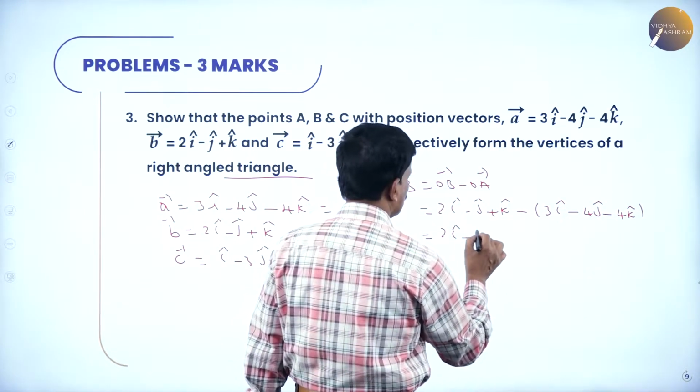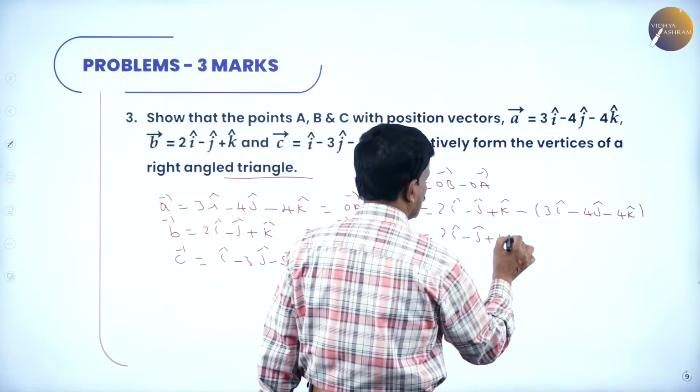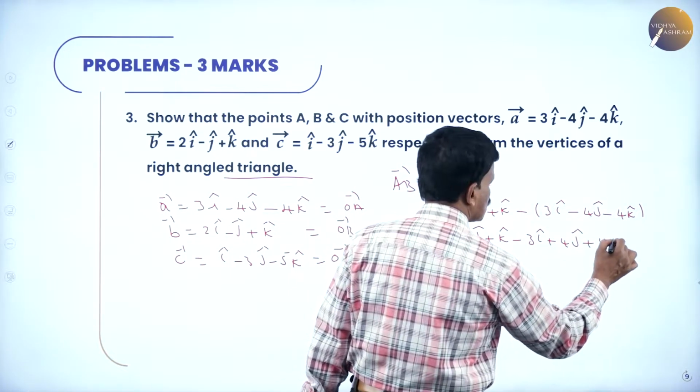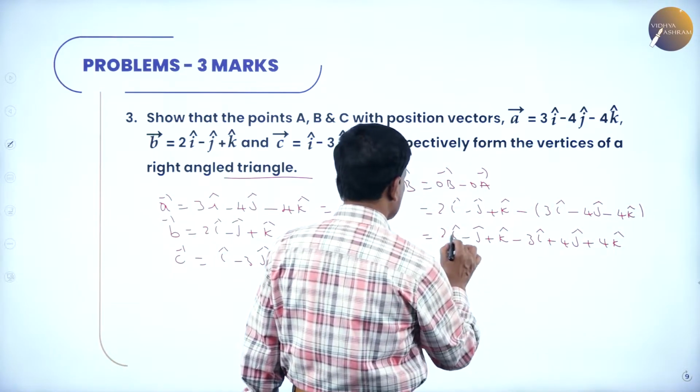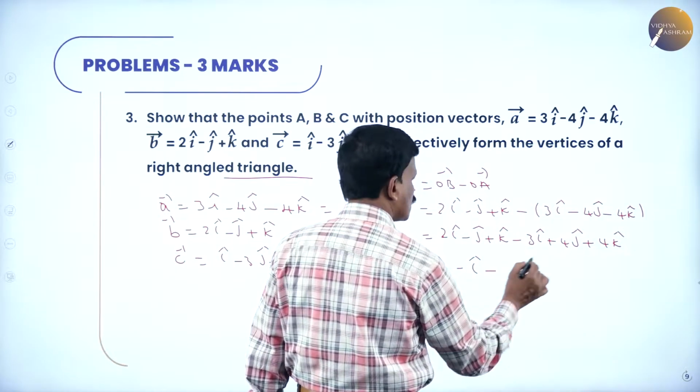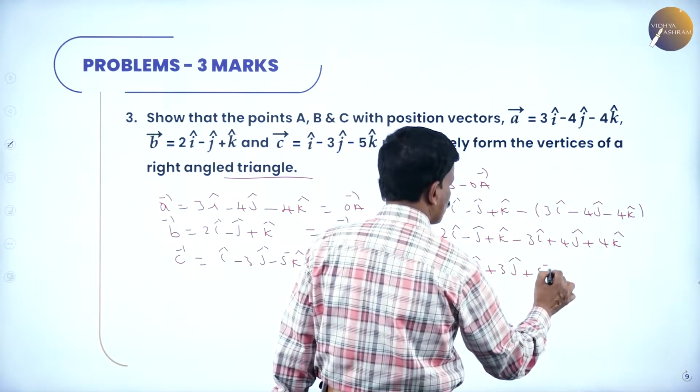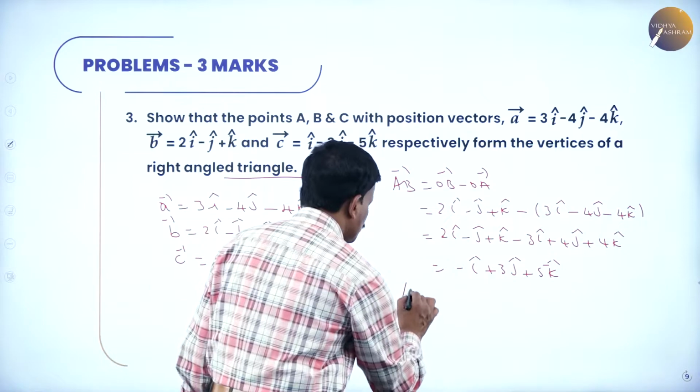This is 2i minus j plus k minus 3i plus 4j plus 4k. So 2i minus 3i is minus i, 4j minus j is plus 3j, 4k plus k is plus 5k. Find out the magnitude.